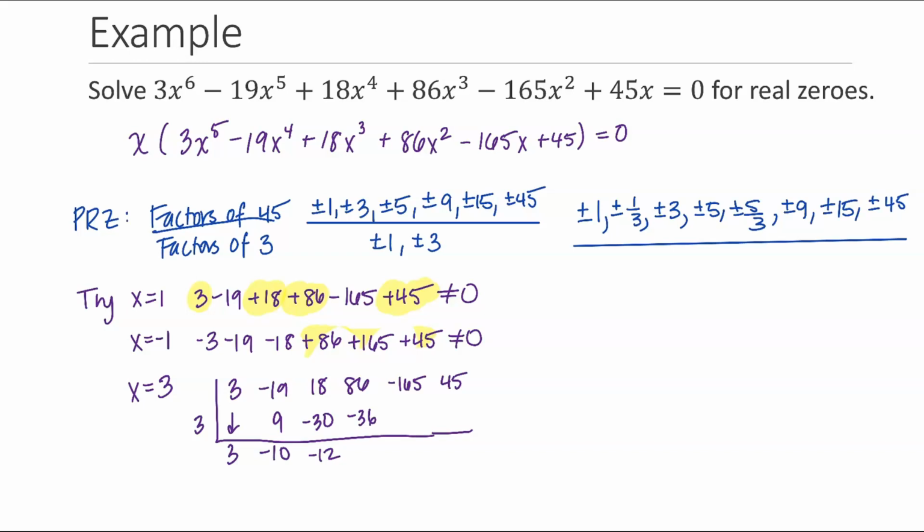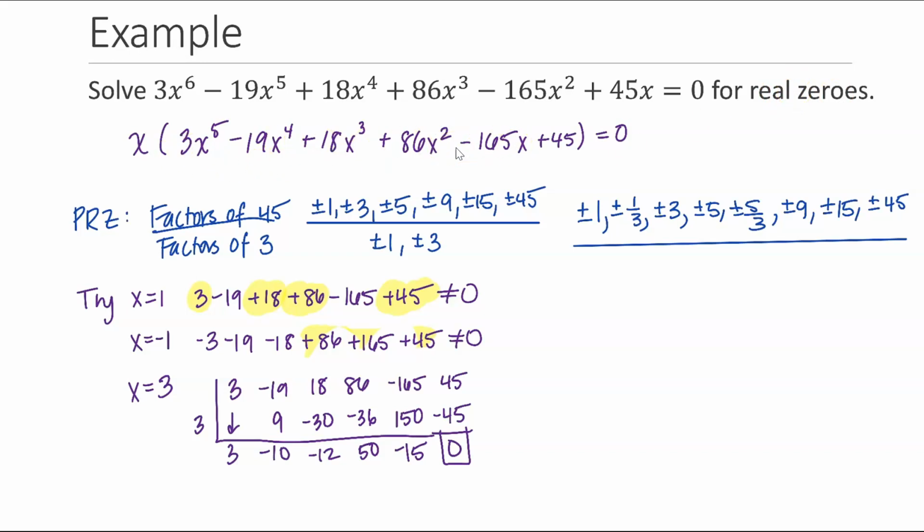Here, 3 times negative 12 is negative 36, so I get 50 if I add down. 3 times 50 is 150. And then negative 165 plus 150 is negative 15. Negative 15 times 3 is negative 45. So adding down, I get my remainder of 0. So we know that 3 is one of the zeros of this polynomial.